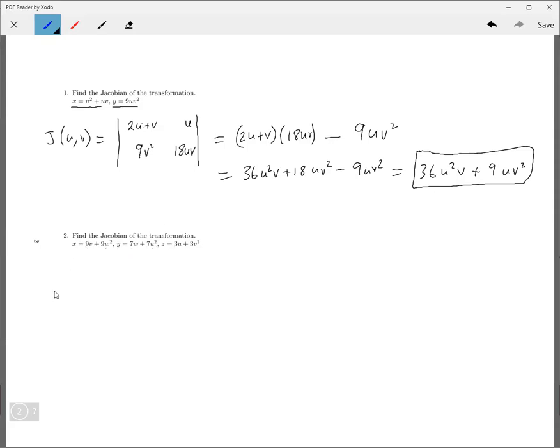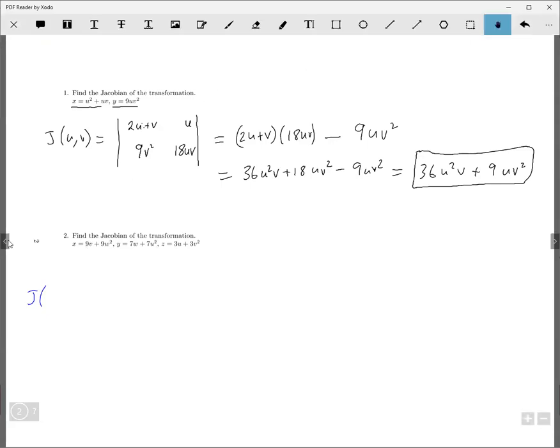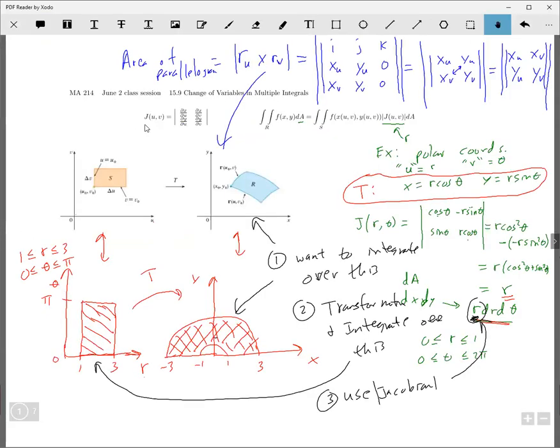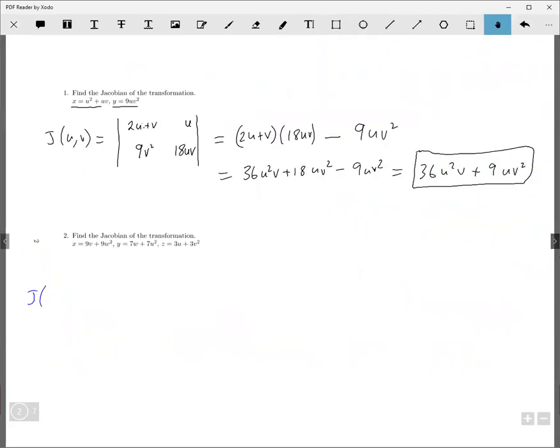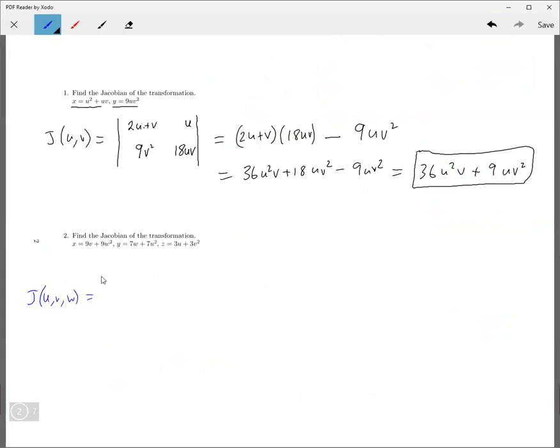The Jacobian is going to be, so this is the Jacobian of UVW this time. And this is just going to be a 3×3 determinant, or the determinant of a 3×3 matrix.